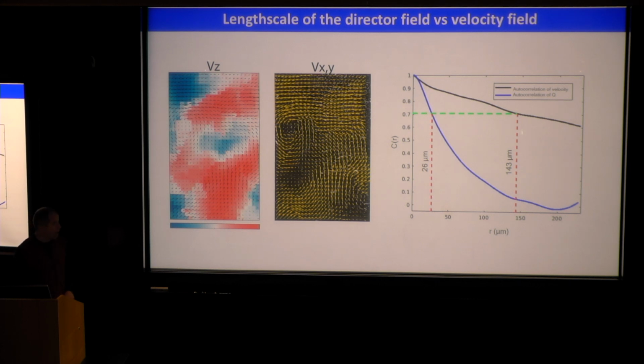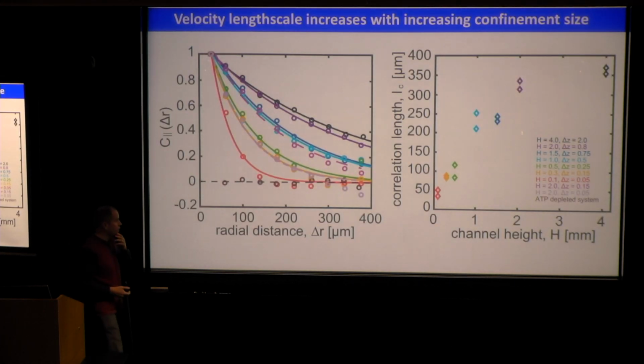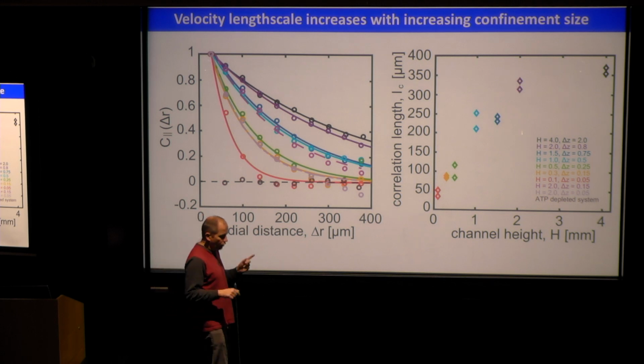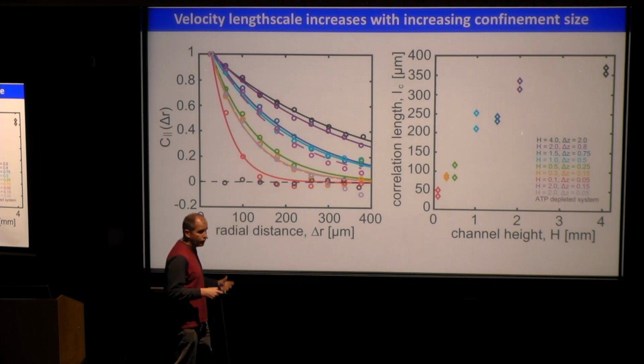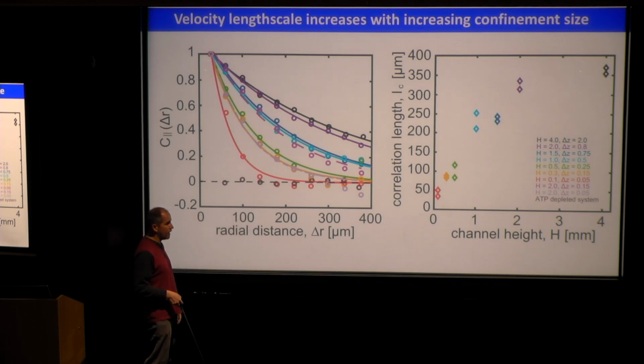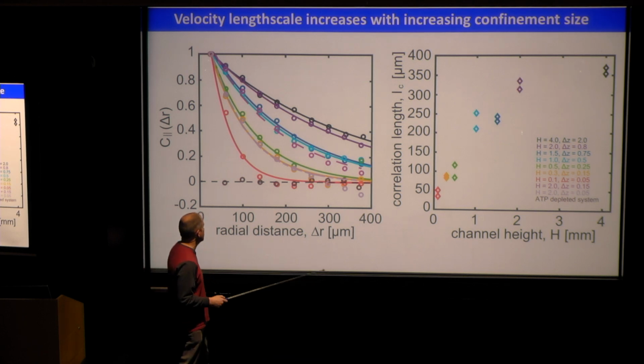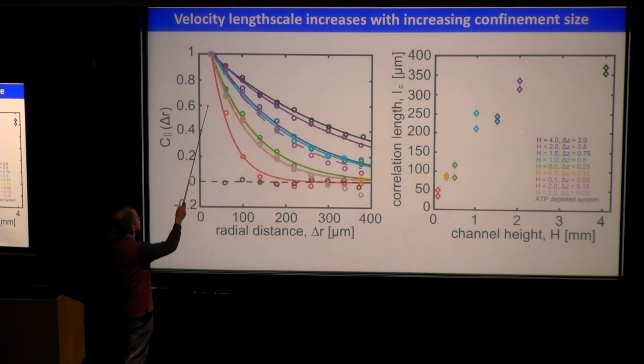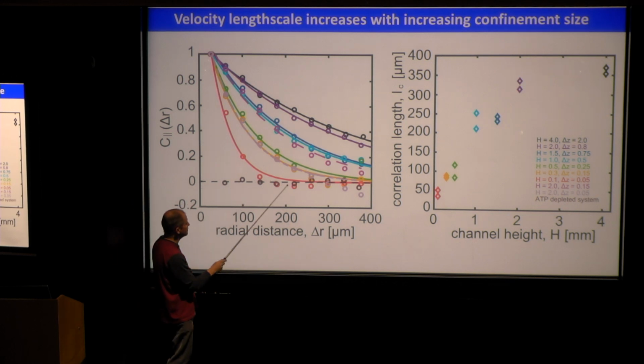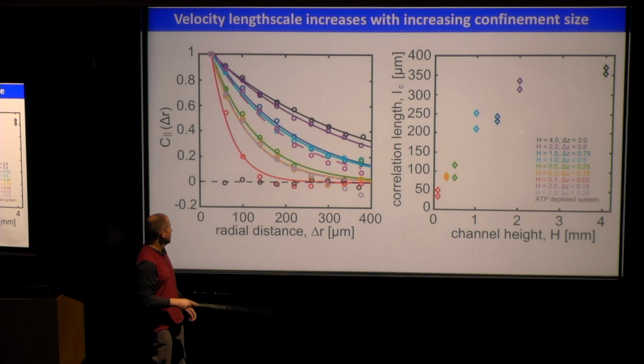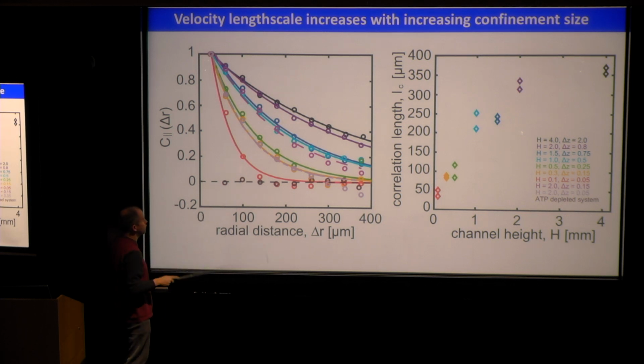What seems to happen, and we have some preliminary evidence, is that the length scale of the velocity field diverges and is determined by the system size. Again, that's a nice thing about our system, that you can plot the velocity correlation function. This is the most confined system, I think a 100 micron system, and you can see that the length scale is of the order of 100 microns.